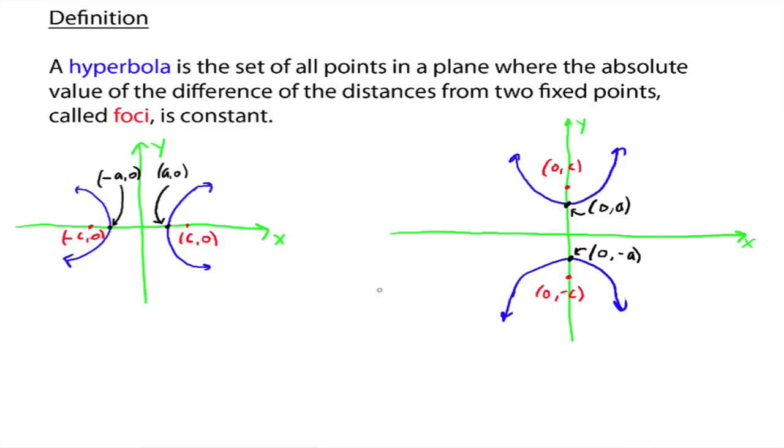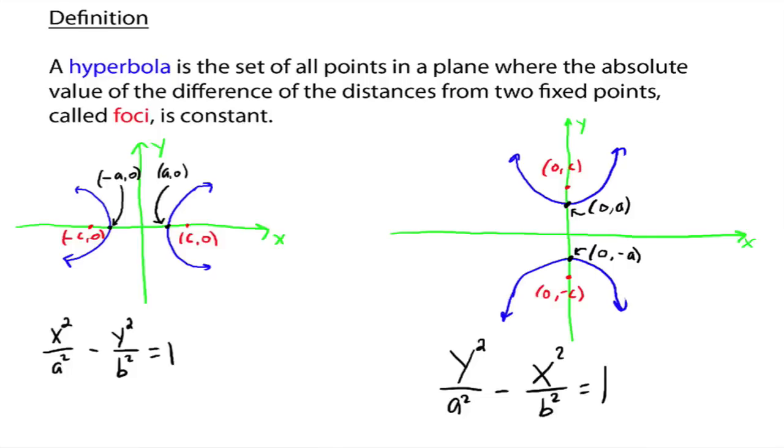So the equations for these two things would look like the following. This time we're going to have x squared over a squared minus y squared over b squared, whereas with the ellipse, it was x squared over a squared plus y squared over b squared. That's the difference, equal to 1. We want x squared minus y squared, or we could have y squared minus x squared.